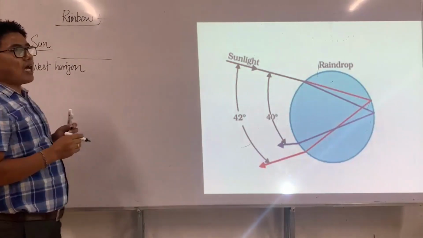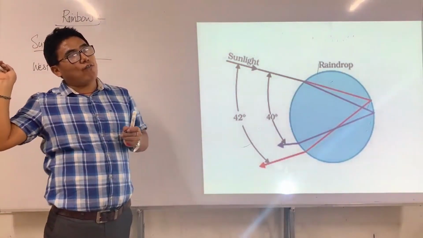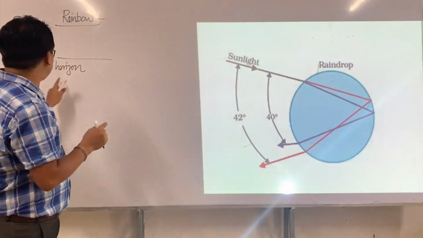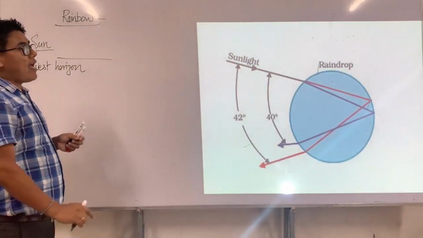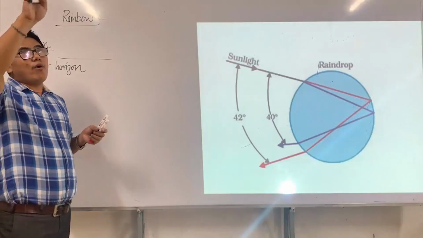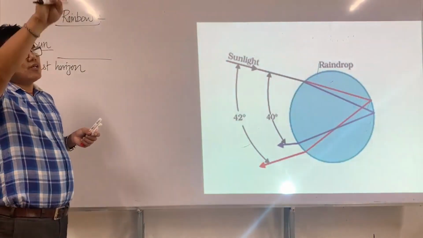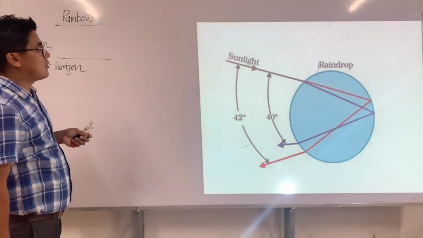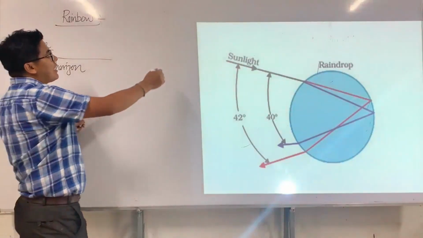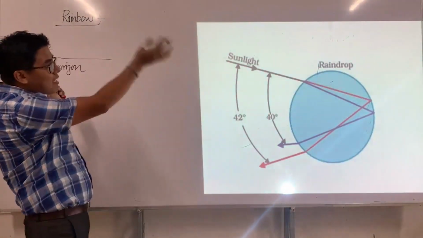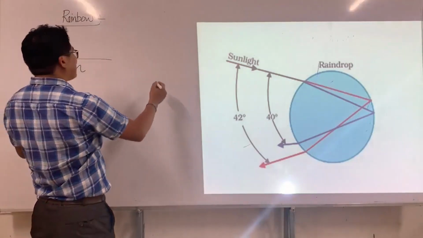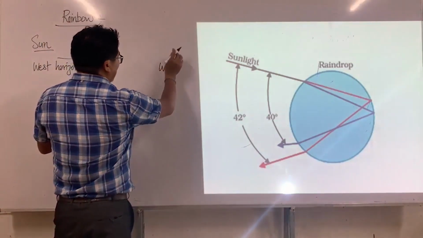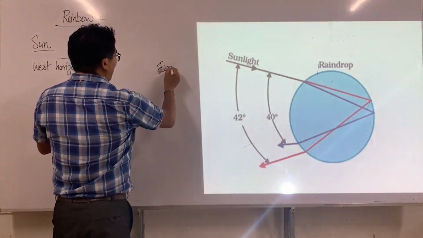Sun should be at one part of the sky. And then I say, where should be the raindrops? Raindrops should be at the other part of the sky. Let's say it is going to be the east horizon.